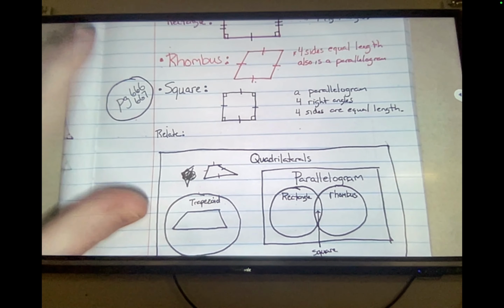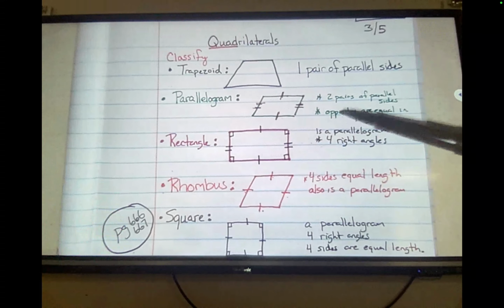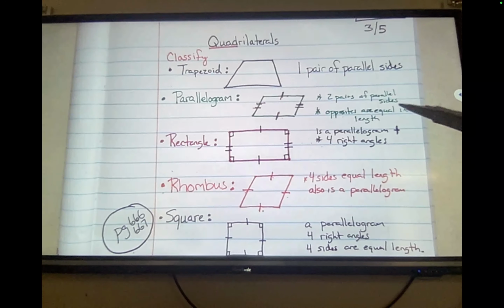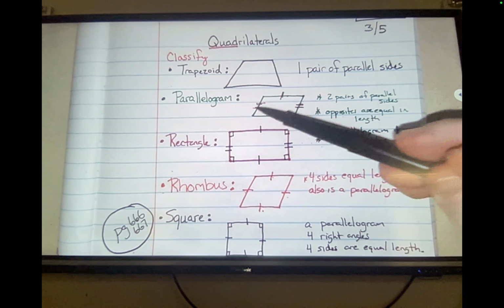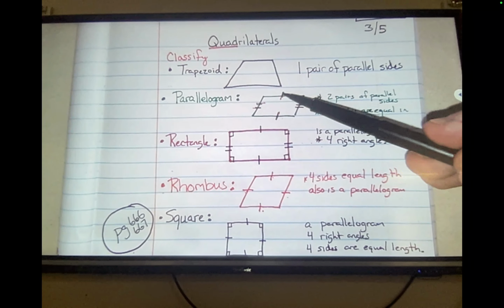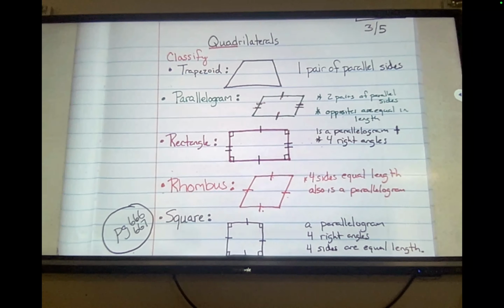Well, remember, going back up here, the parallelogram has 2 pairs of parallel sides. Opposites are equal in length. So we have parallel side, parallel side, parallel side, parallel side. These are equal, these are equal. So each of these check off those boxes too.